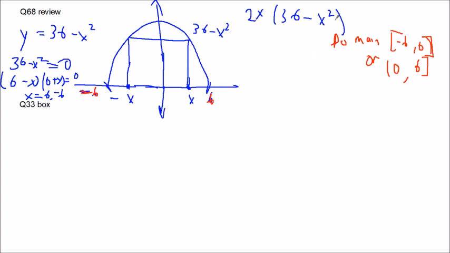So this will give you minus x to the third power, plus 72x, right? Which I actually don't know the graph of. I can try to figure it out, but it will take too long probably.